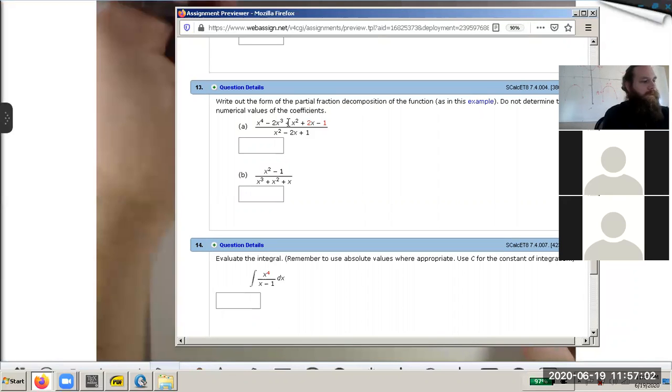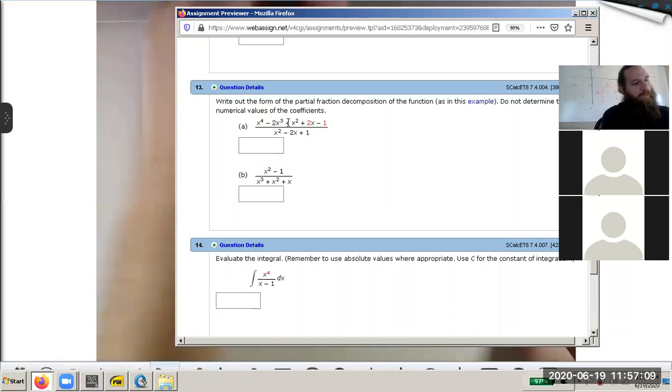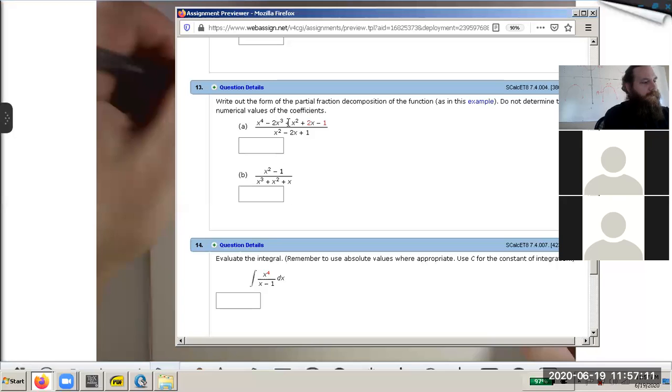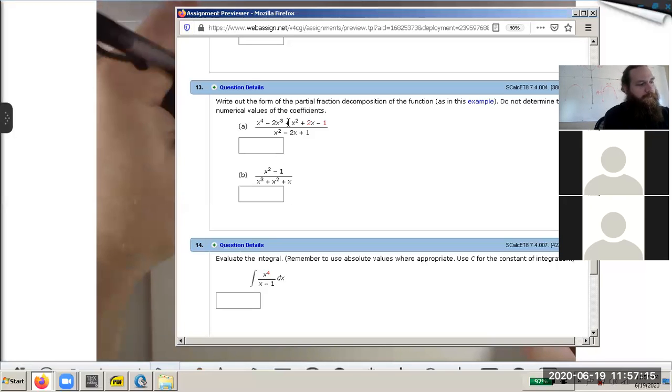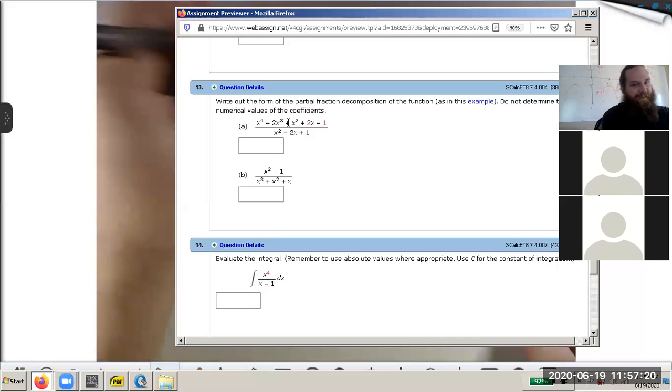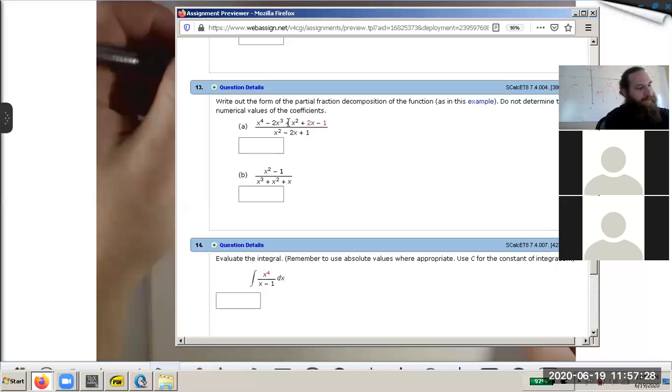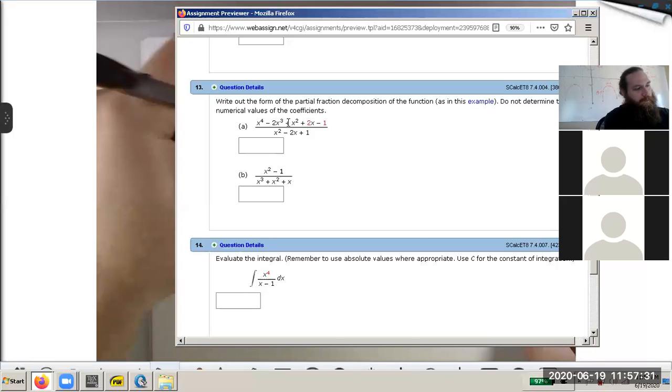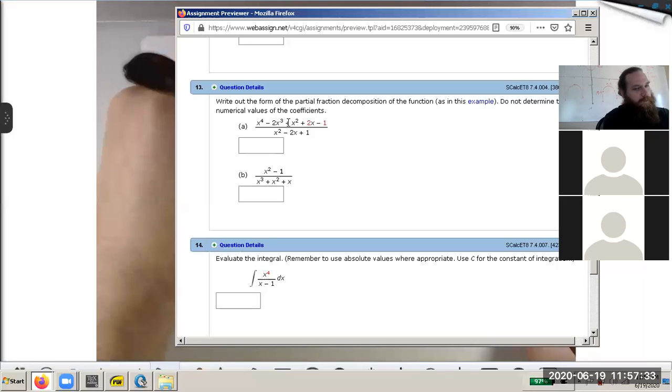I want to find the PFD setup for the function x to the 4 minus 2x cubed plus x squared plus 2x minus 1 all over x squared minus 2x plus 1.